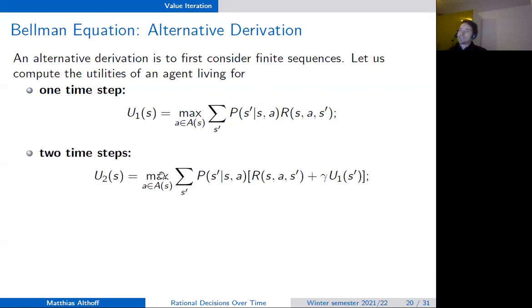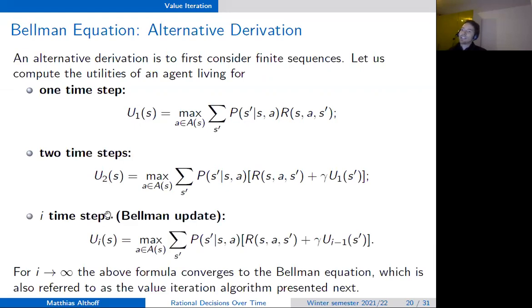If the agent lives for just 2 time steps, you get the immediate reward plus the rewards if the agent lives for 1 time step. So U1 means the utility that you obtain for 1 time step. And then you have the utility for 2 time steps.